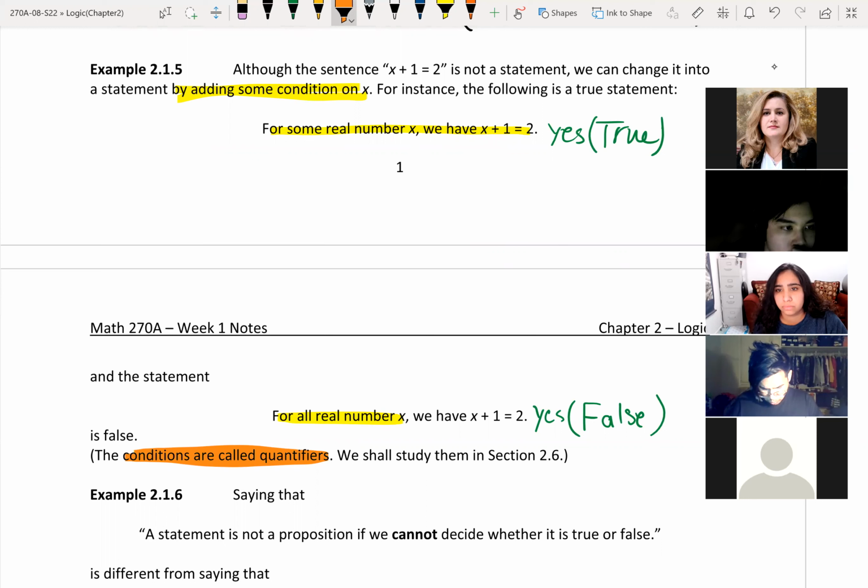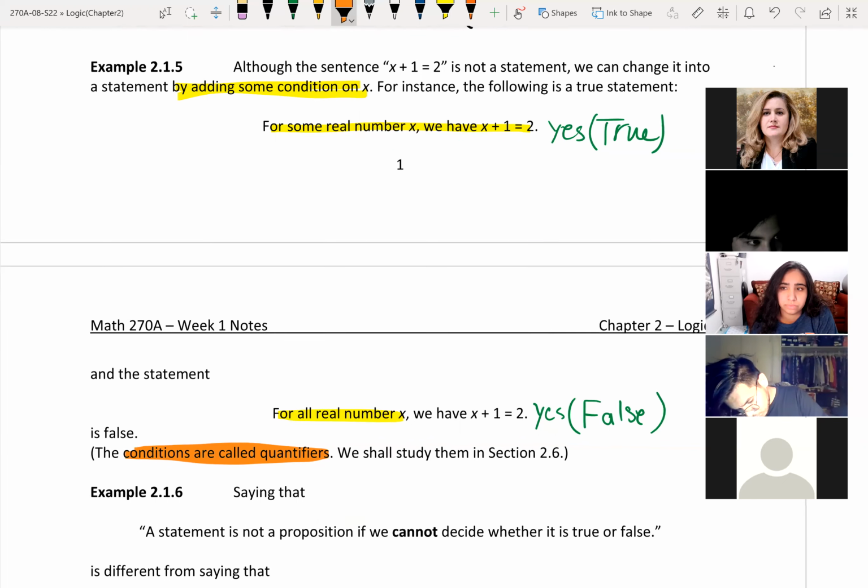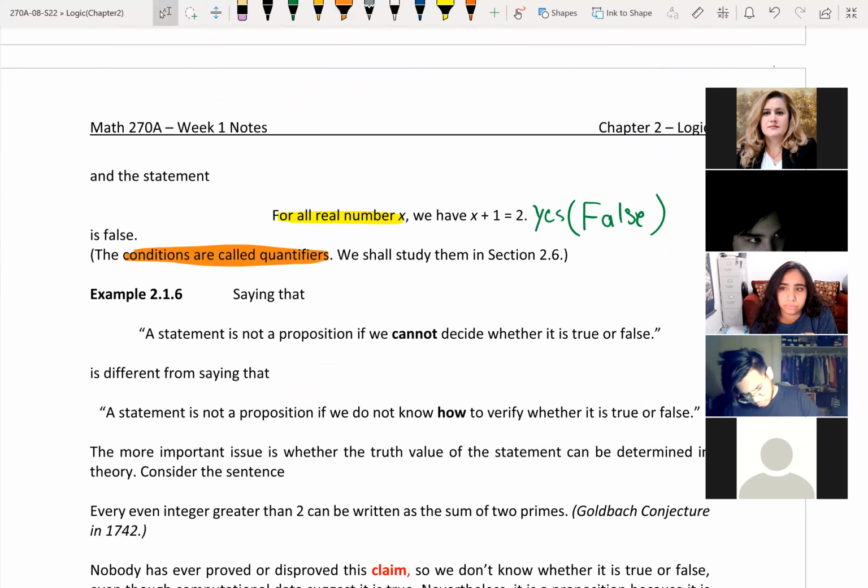Some propositions work only for one x, so we say there exists some x or for some real numbers, but some statements work for anything, so that's why it's called for all x's. As I said, 2.6 covers that type of statements.